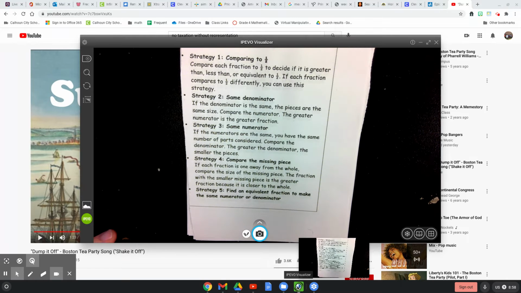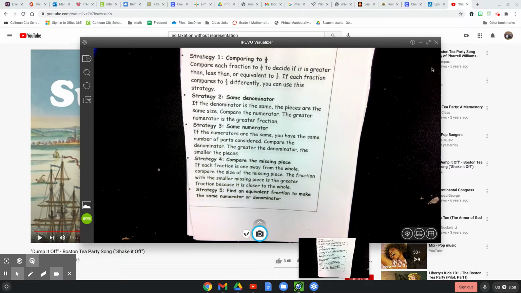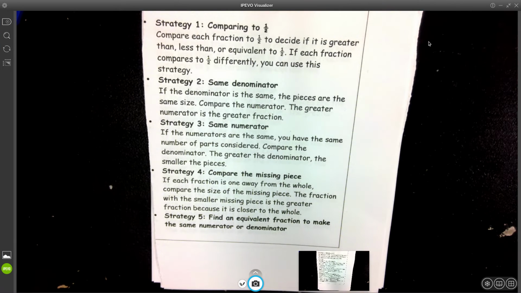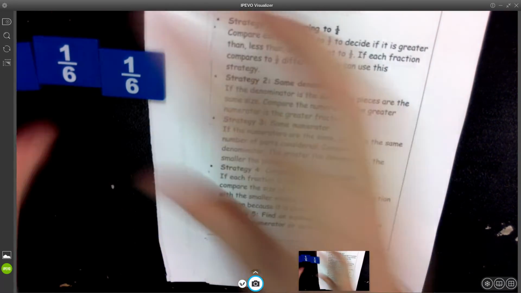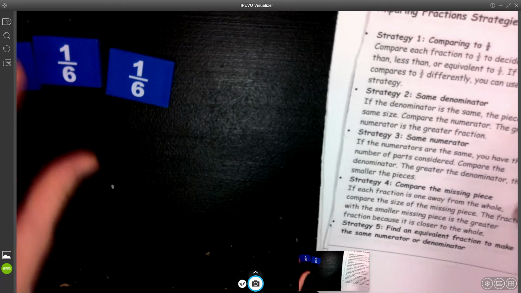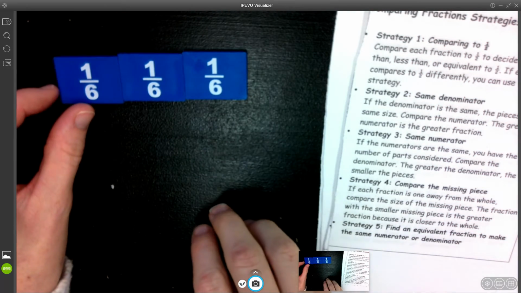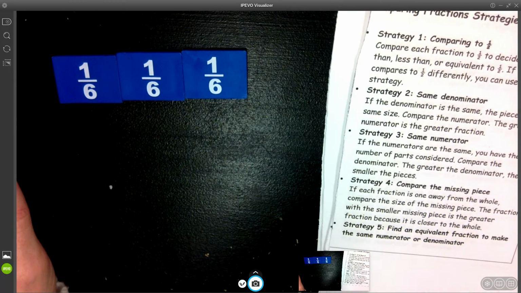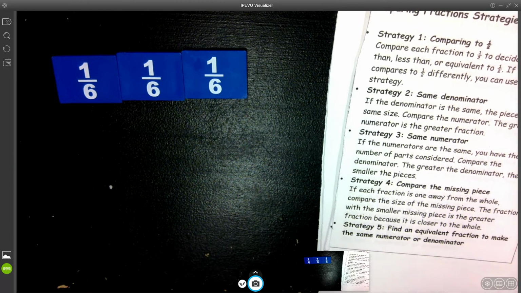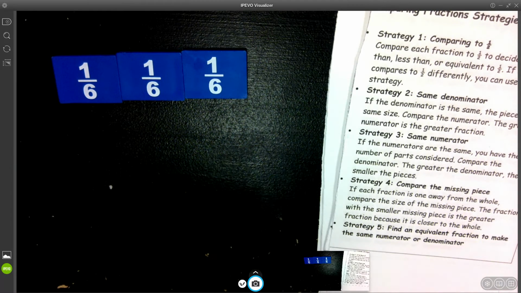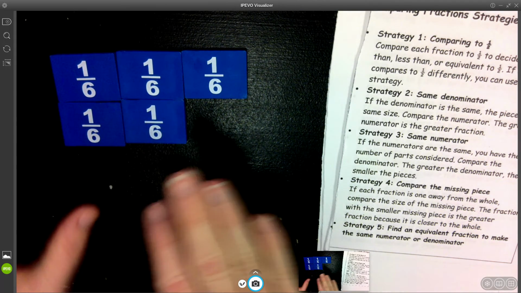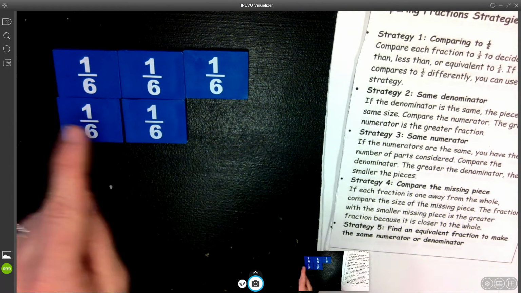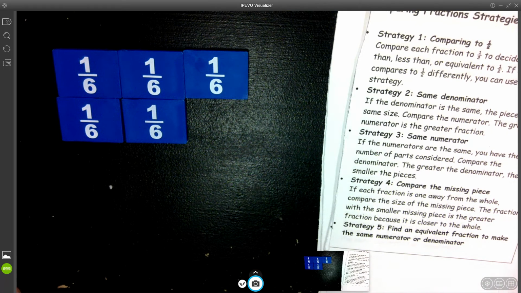Okay, so I have some fraction tiles. I'm ready to go. So say I have the fraction 3/6. Right? And they are comparing 3/6 and 2/6. Now, when it is the same denominator, you're just comparing the numerator.